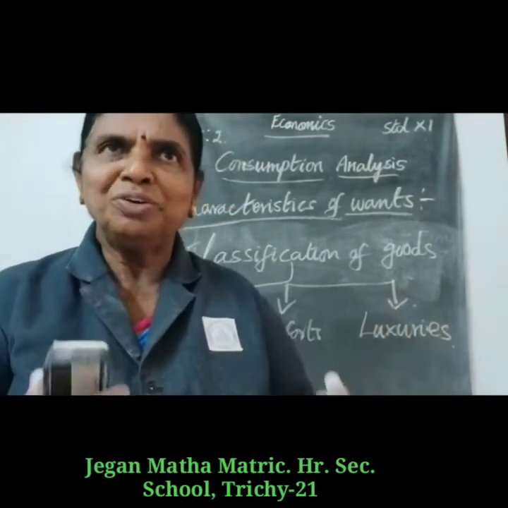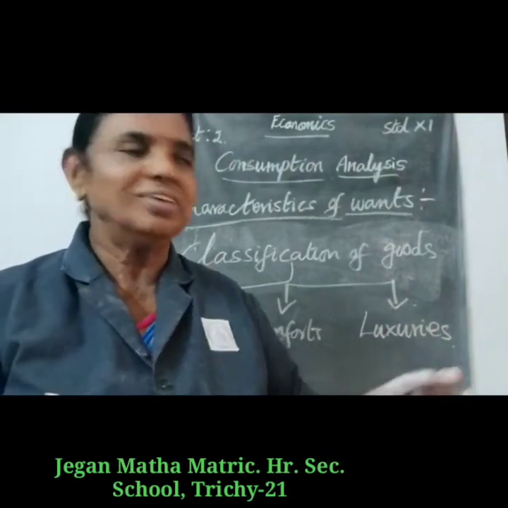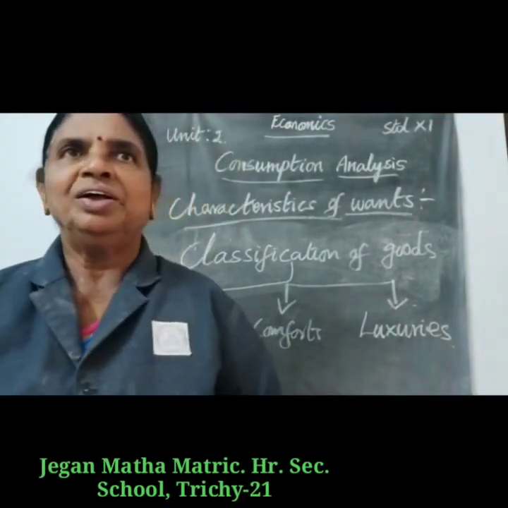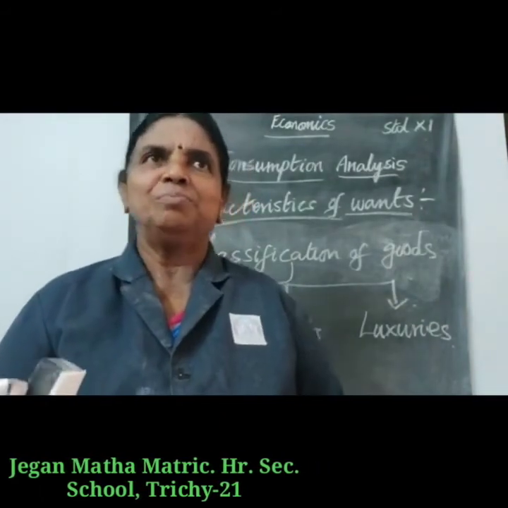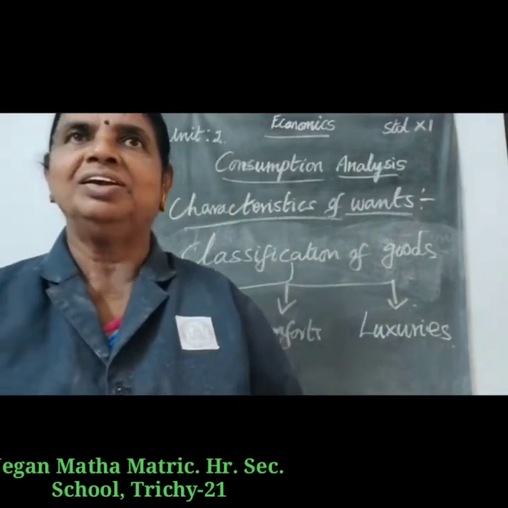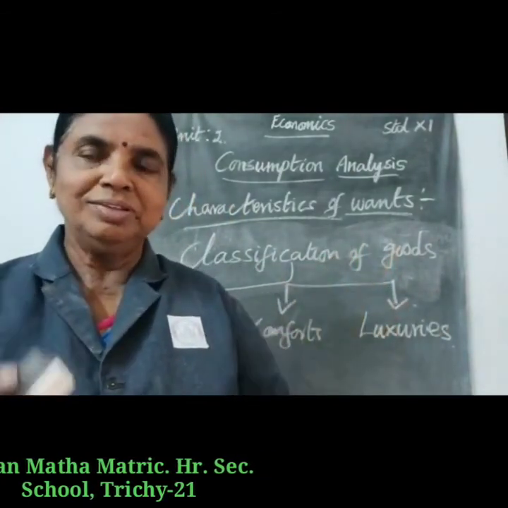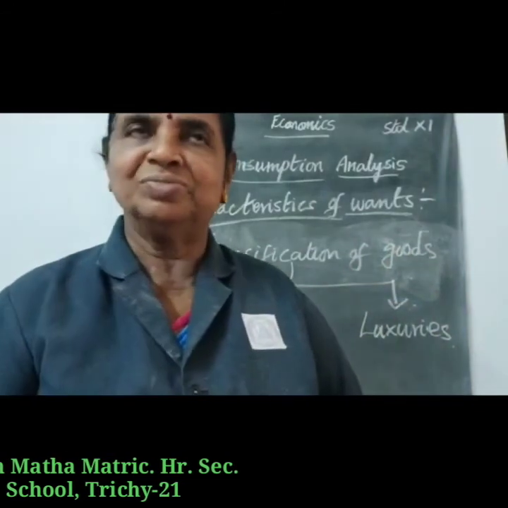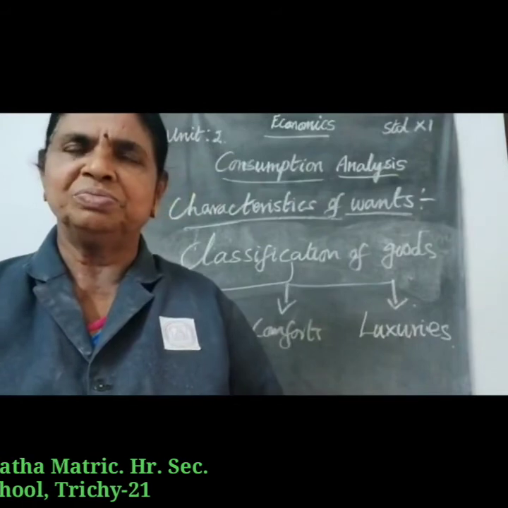So comforts promote efficiency also. Then what are luxuries? Goods which are not very essential but are very costly are known as luxuries. Best examples: gold jewelries, diamonds and cars and so on.